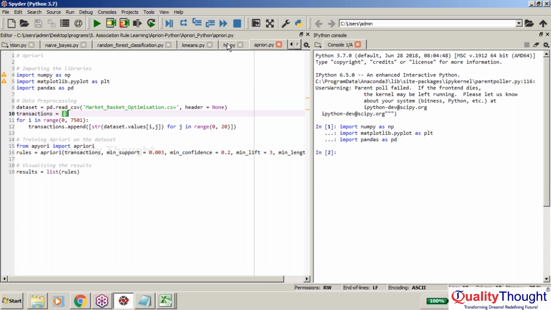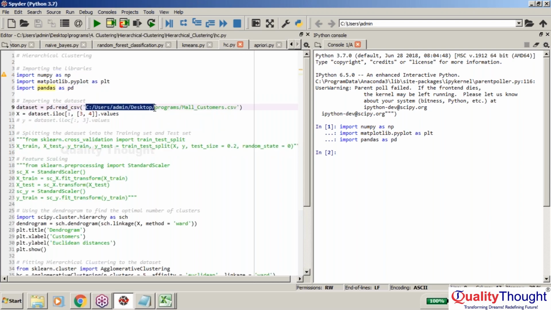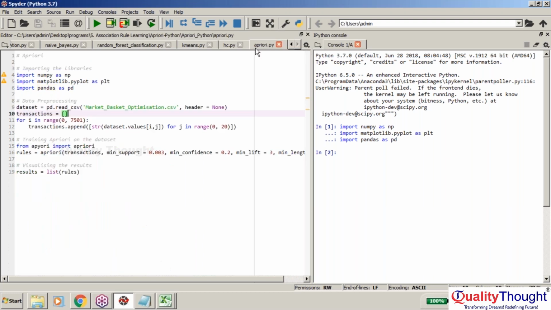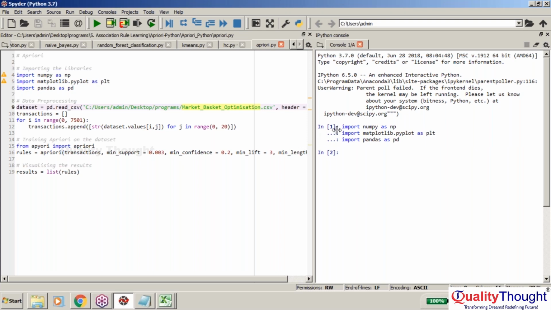In order to capture this part, I'm going to use this one. Now we are going to execute this part.